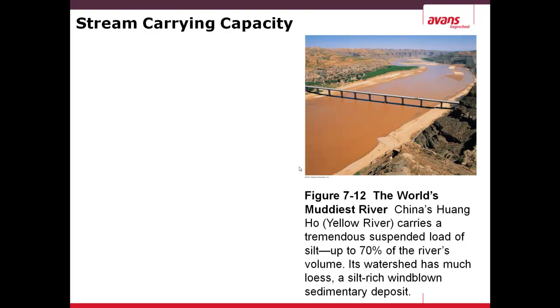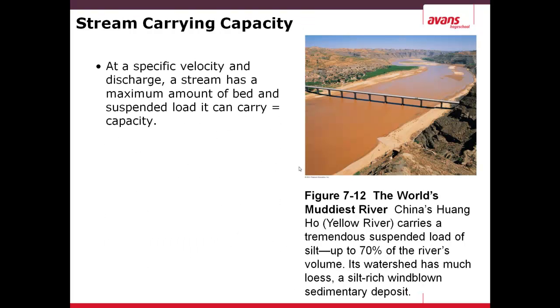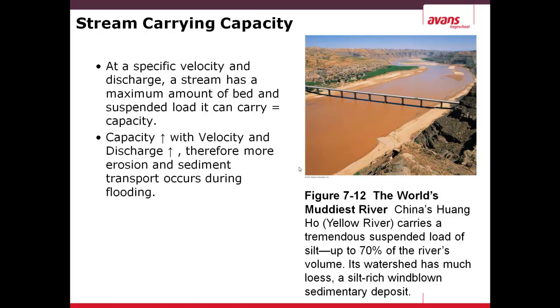A stream's carrying capacity is, at a specific velocity and discharge, the maximum amount of bed and suspended load it can carry. The capacity is high when velocity and discharge are high. Therefore, more erosion occurs at this time.